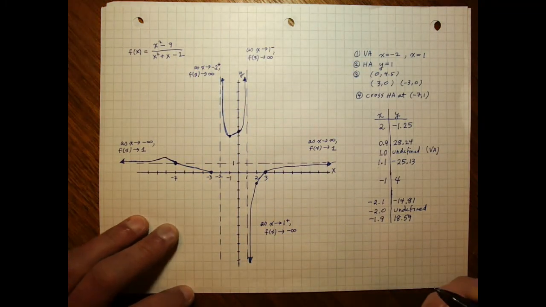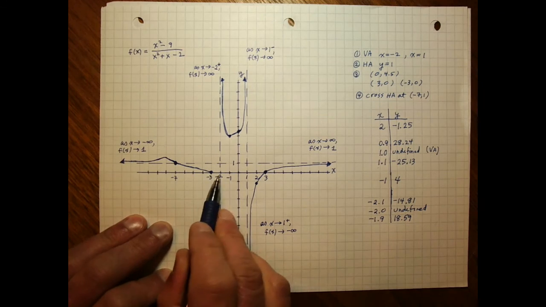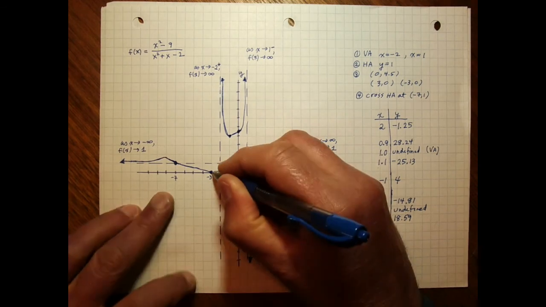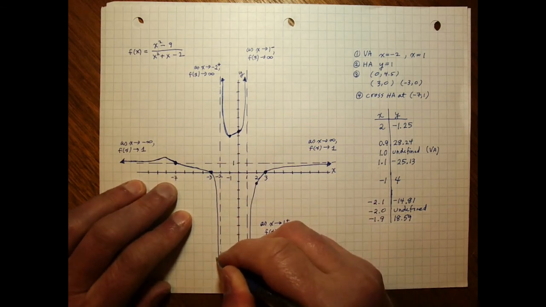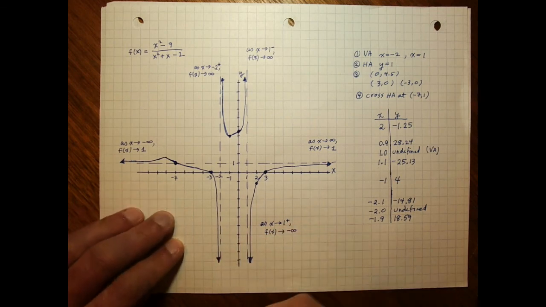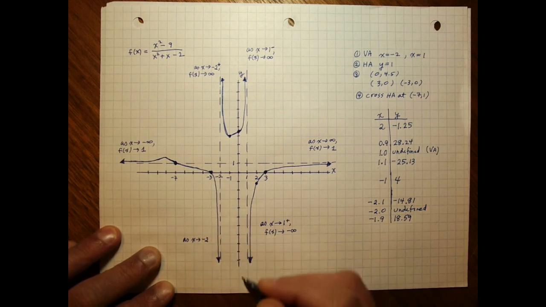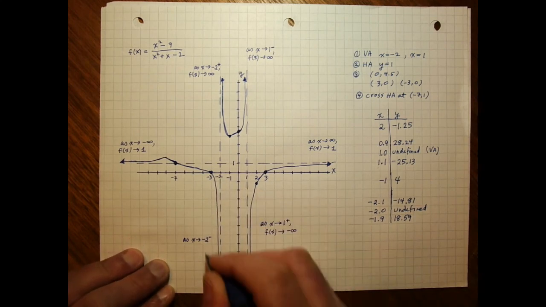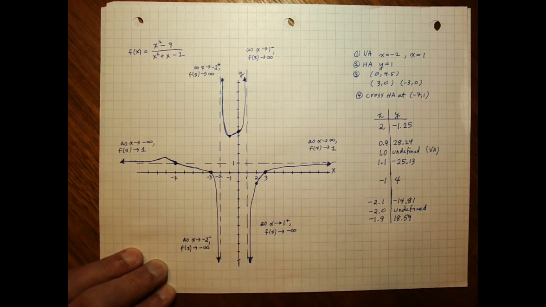Okay? And at -2.1, which is slightly to the left-hand side of -2, I'm getting a very negative value down here somewhere. So that kind of confirms my suspicion that the graph is going down here as x approaches -2. We would say, with a little minus sign from the left, less than -2, the function approaches -infinity.